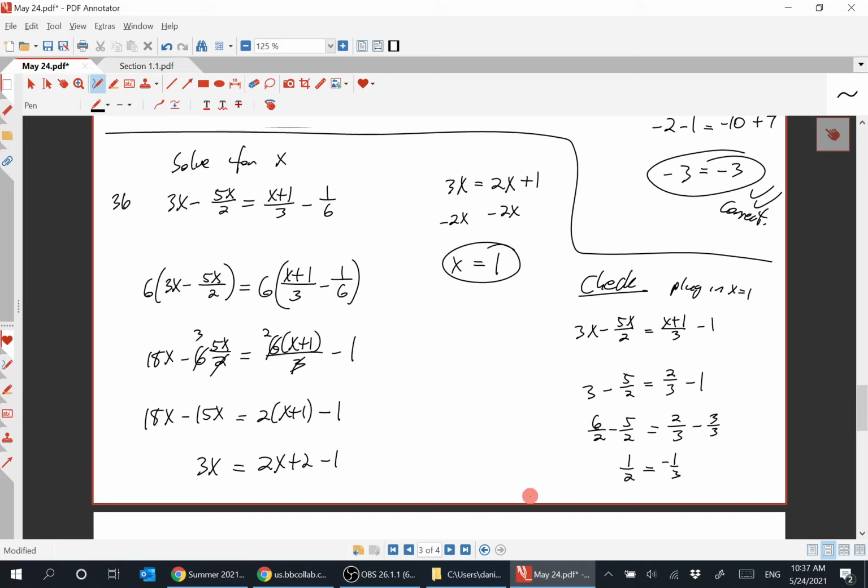Six halves minus 5/2 is 1/2. 2/3 minus 3/3 is 1. Where is the error? It's supposed to be negative 1/6 instead of negative 1. Oh, that's a 1/6. Yeah. No, 1. 6 times 1/6 is 1.